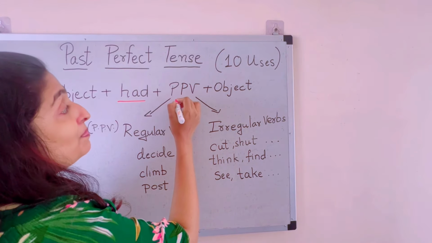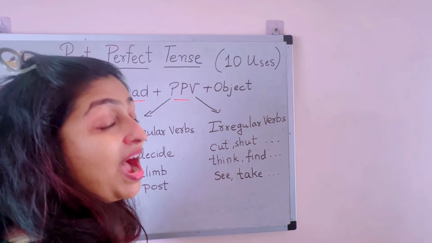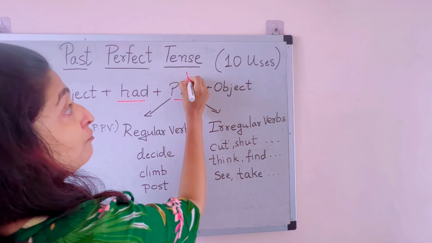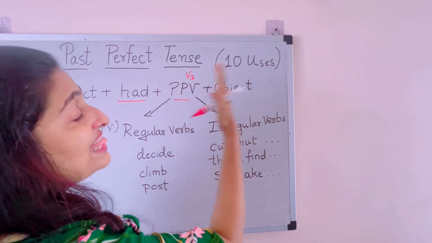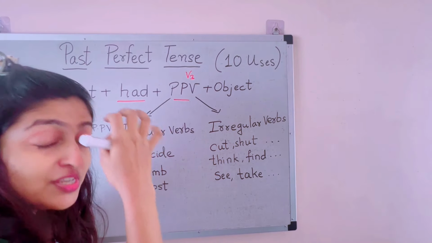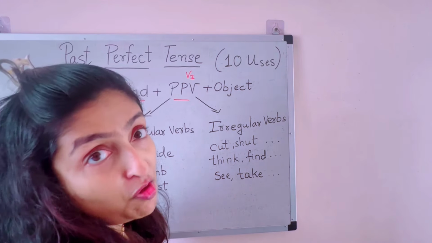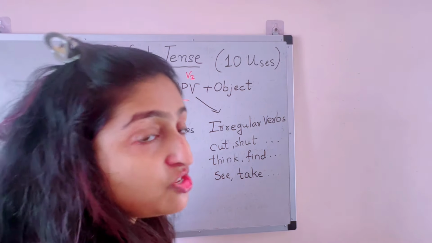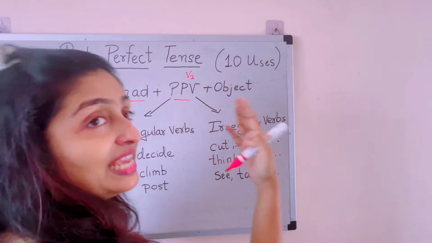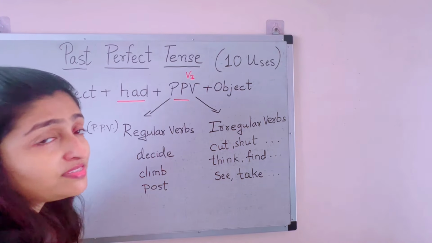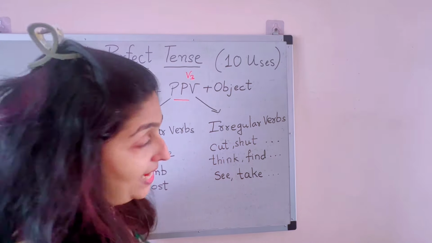Next is PPV, that is the past participle of the verb, which is the V3 form, and then comes the object. What is the structure of this sentence in past perfect? She had written the letter. He had eaten the food. These are examples of past perfect tense.